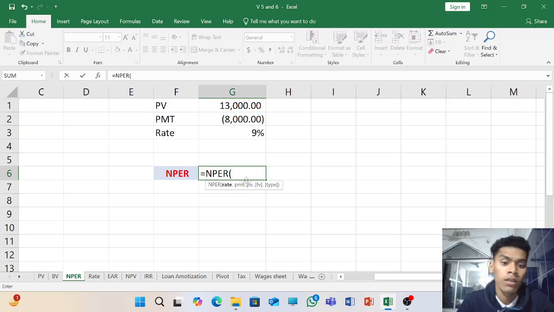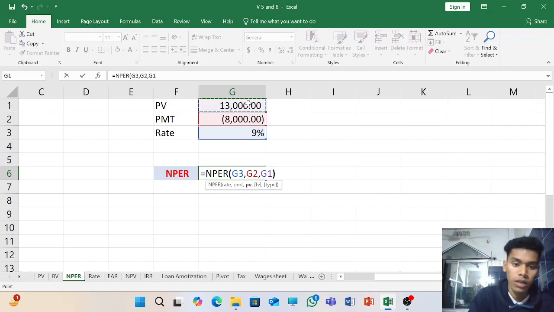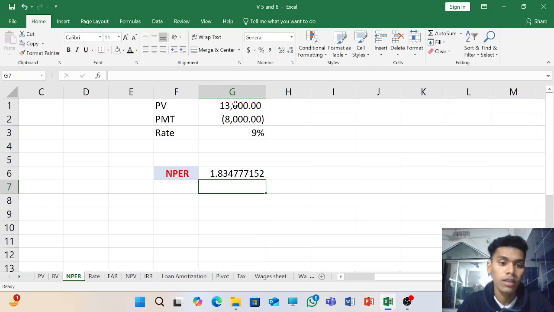Here the rate is 9%, and then we need the PMT. We click it, and again we insert the present value, bracket close and enter. We can see that the NPER is 1.83.